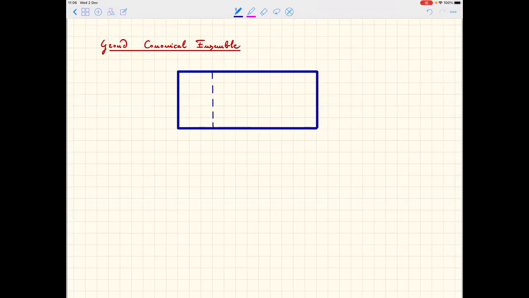You have one small volume V1 with a number of particles N1, and a bigger one V2 with a number of particles N2. This is much bigger, and both the energy and the number of particles can fluctuate, can be exchanged between the two subvolumes. Overall, the entire system is, of course, thermally isolated, but who cares?